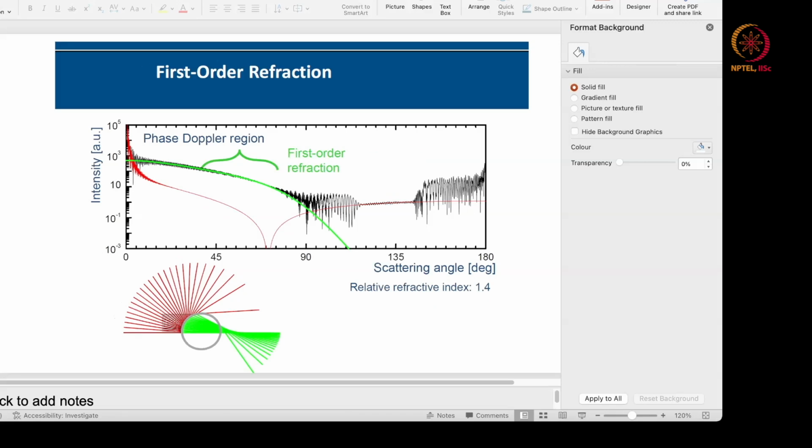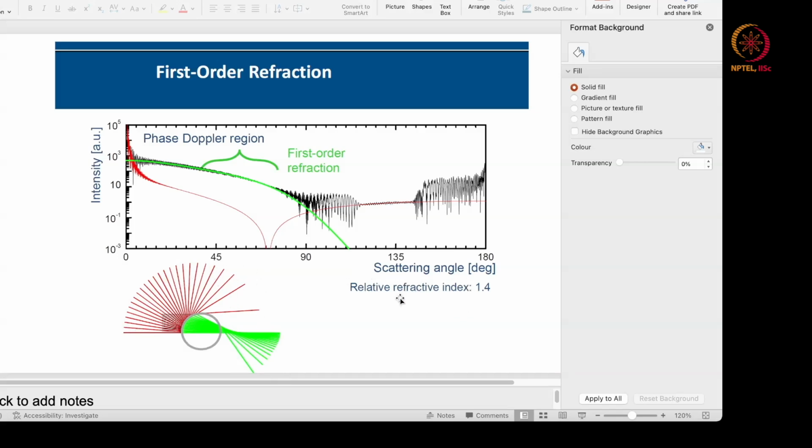Similarly, this was reflection and diffraction, and this is if you look at first order refraction. What you can see is that this is the phase Doppler region, and this is how the refraction happens. So this is what actually comes out, and this is the incident part.